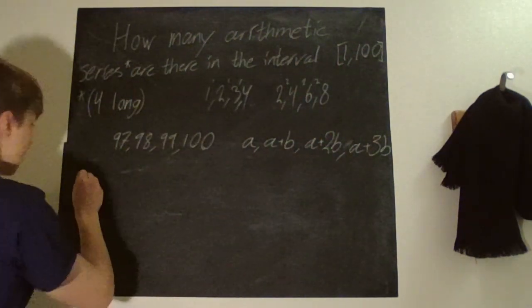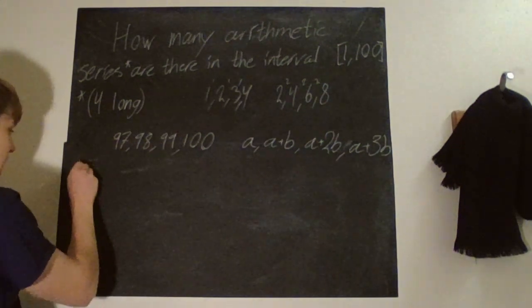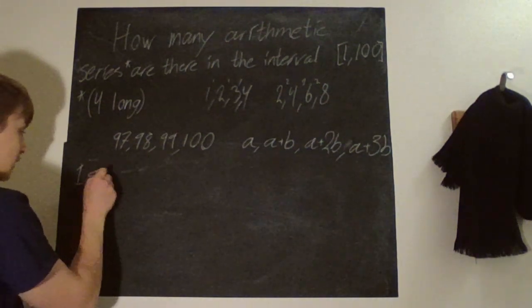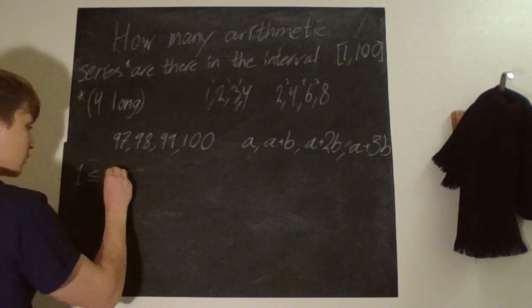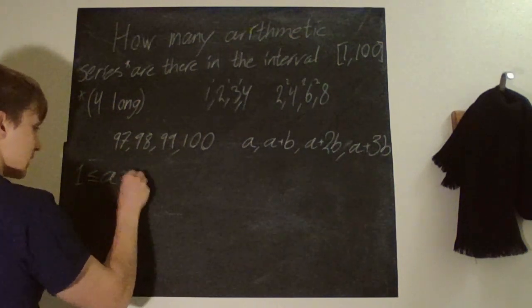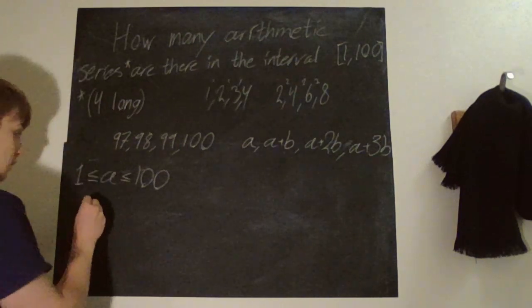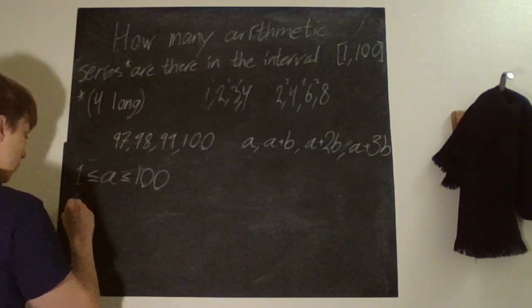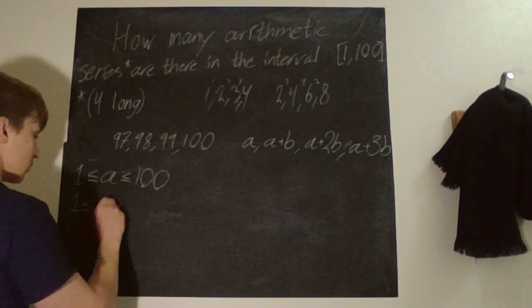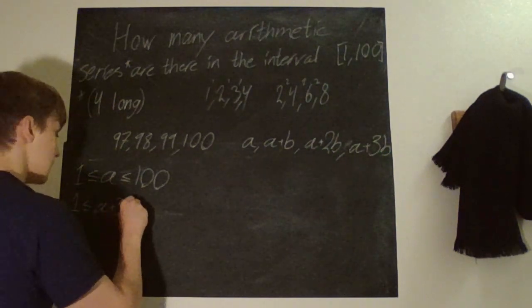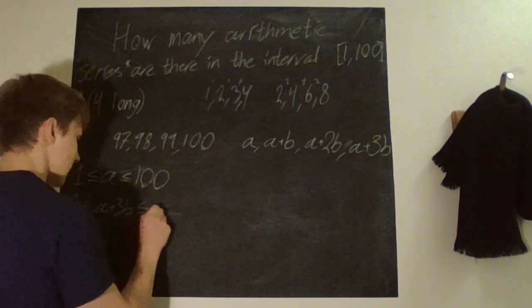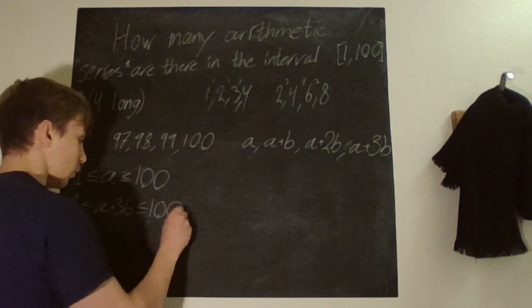So we can just use the extremities, and then we have, okay, 1 is less than or equal to a, which is less than or equal to 100. And we also know that 1 is less than or equal to a plus 3b, which is less than or equal to 100.